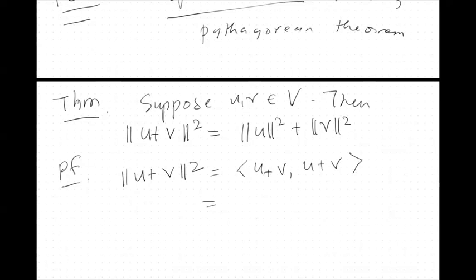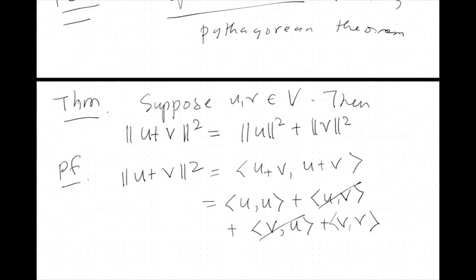For the first one, you distribute: u, u plus u, v, and then you get plus v, u plus v, v.